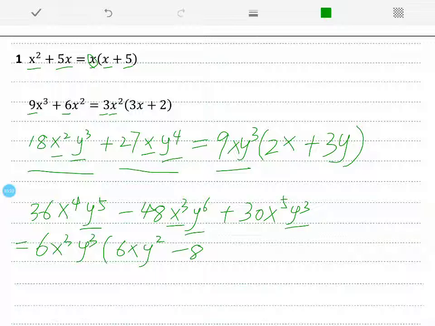Then x cubed times 1 gives x cubed, and y cubed times y cubed gives y to the power 6. Then plus 5, x cubed times what equals x to the power 5, which is x squared. And y cubed times 1 equals y cubed, so you don't write anything. That's the factorized form for this question.